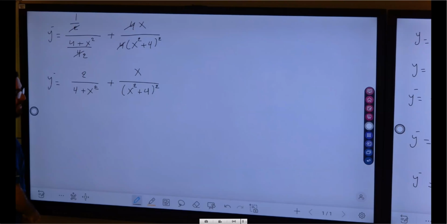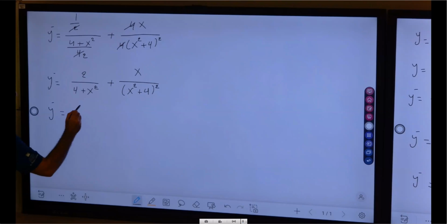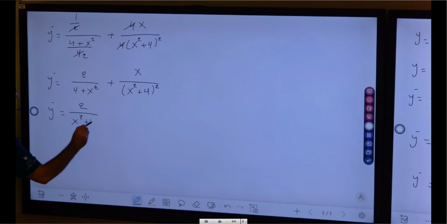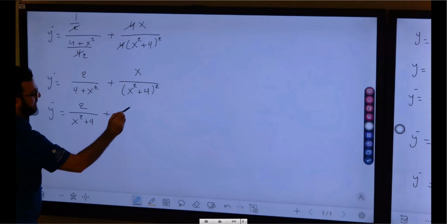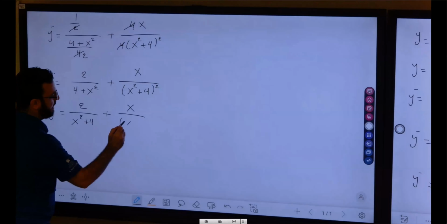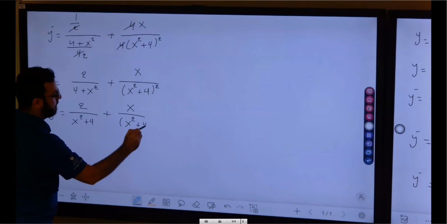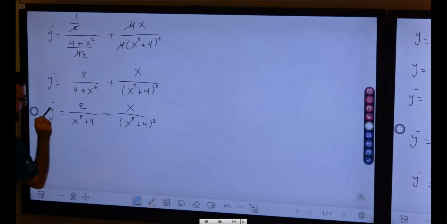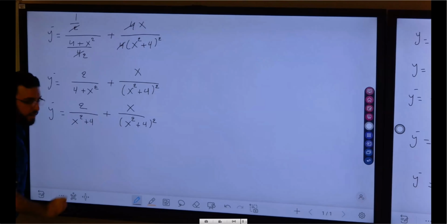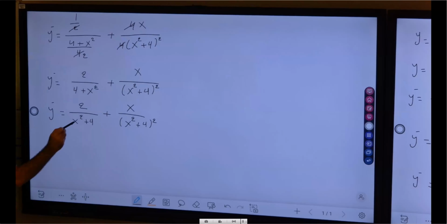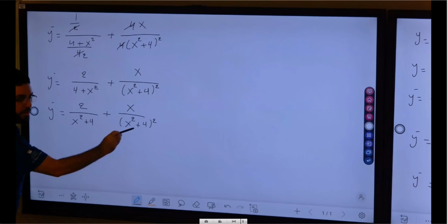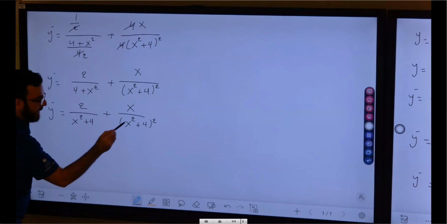No overthinking. The main thing here is exactly the same thing, so I need to get the common denominator, and I multiply the whole thing here by x squared plus 4.